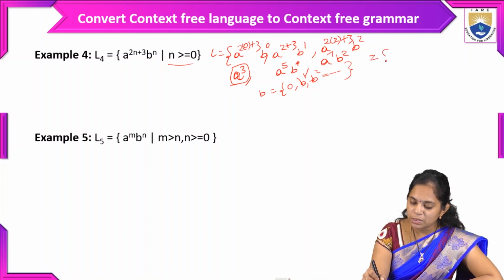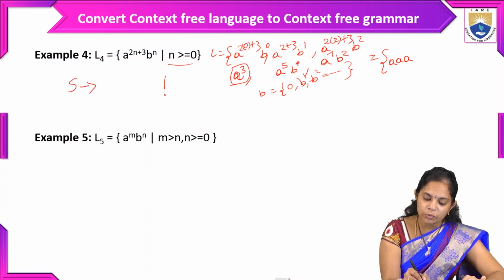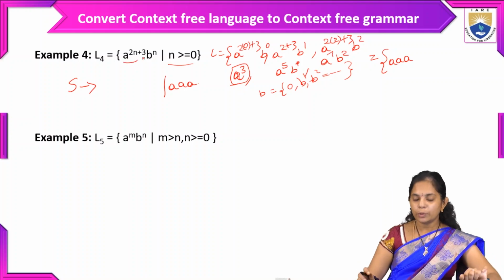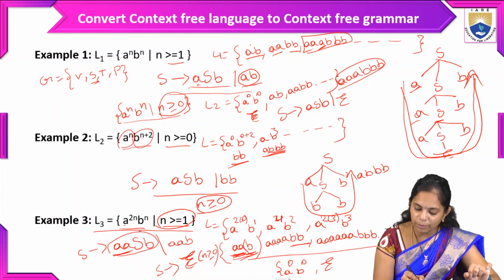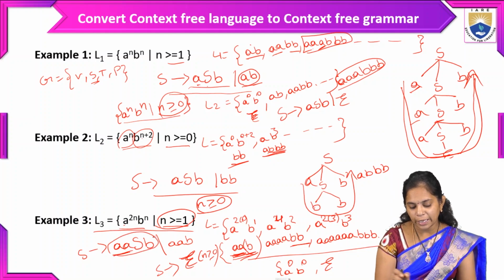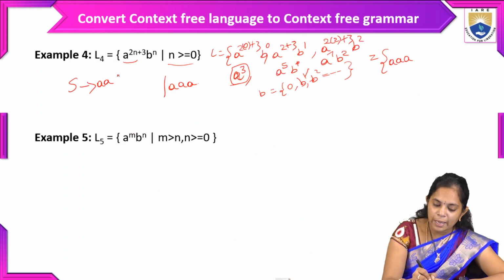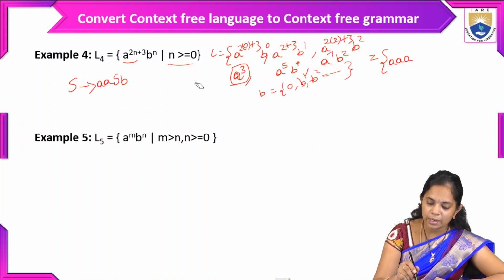So the first minimum string is triple A. So here we need to write S tends to, we will write triple A first, and we have already written A power 2n, so we have A A S B, and the minimum length is triple A.